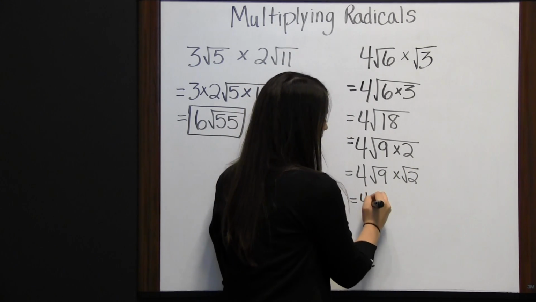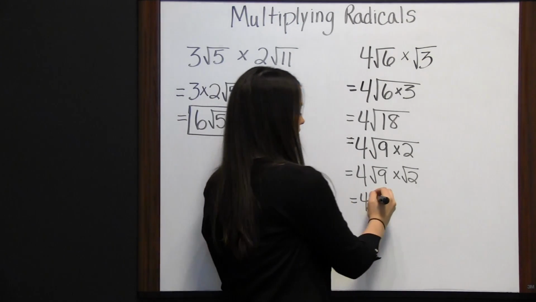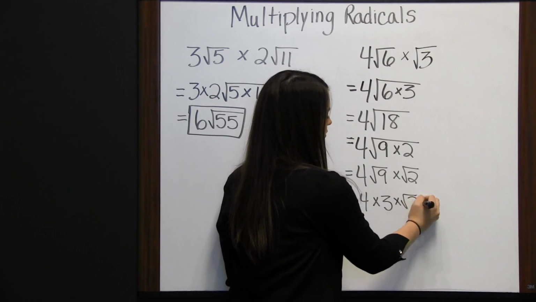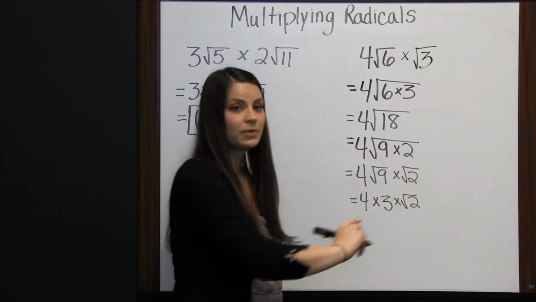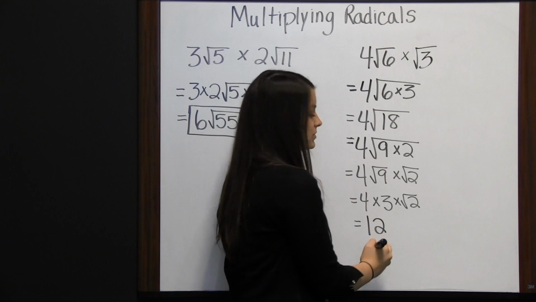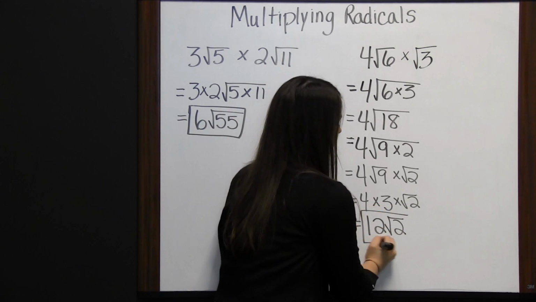So we have 4 times the square root of 9, and the square root of 9 is 3. So this is really 4 times 3 times the square root of 2. So when we multiply this all together, 4 times 3 is 12 times the square root of 2, 12 square roots of 2.